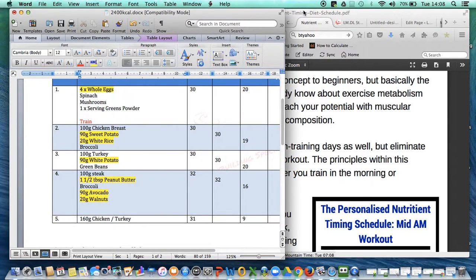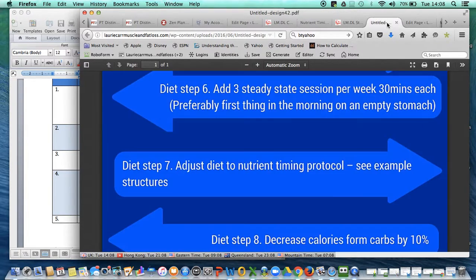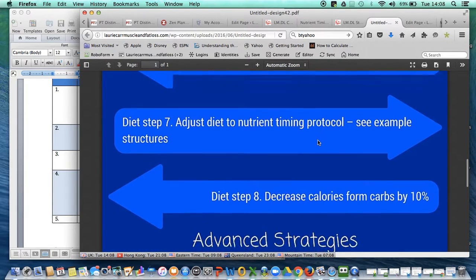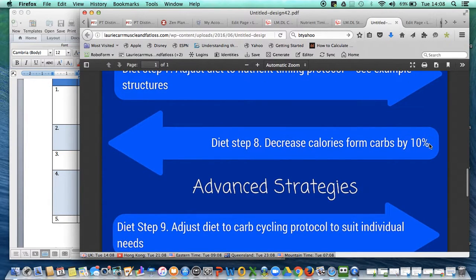So that might last you another week, 2 weeks, 3 weeks, and then you're going to have to refer back to your diet strategy protocol, and it may be time to decrease your calories again by 10%.